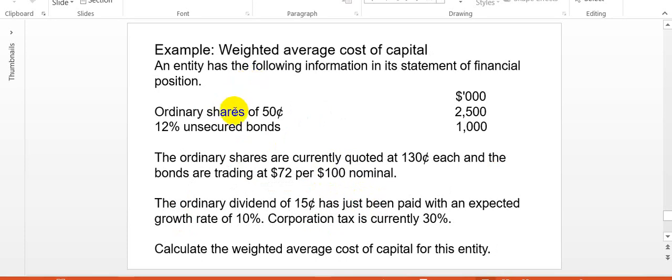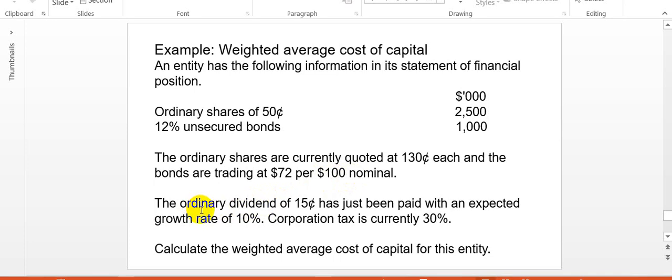So we're given in this question the ordinary share capital of nominal 50 cents, 2.5, and 12% unsecured bonds 1,000. The ordinary shares are currently quoted at 130 cents each, and the bonds are trading at $72 per 100 nominal.